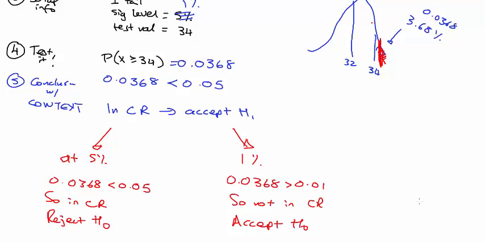That's an interesting thing to see. You know how they say test at 5%, 1%? At 5%, they're saying you need to show me that your situation is in the bottom 5%. If you can't show me that, you cannot go around claiming that what we said is different. But at 1%, they're saying you'd better be in the bottom 1%. So 5% gives you more of a chance to prove that H1 is right, as long as it's in the bottom 5%.